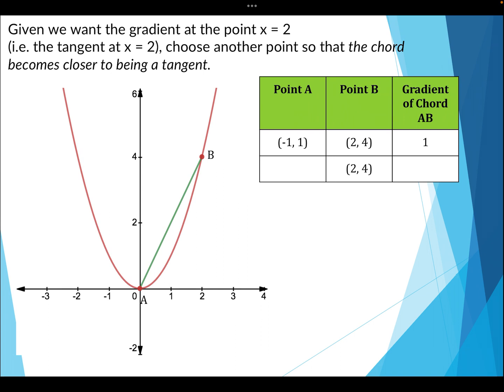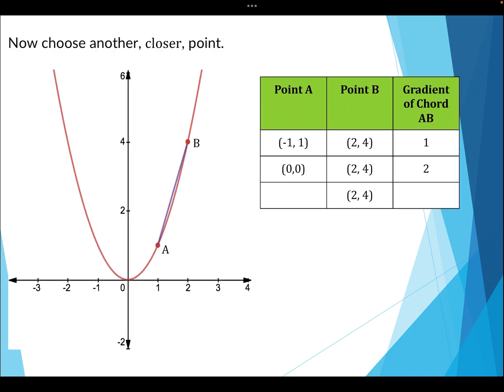This time, let's move A from minus 1 down to 0. You can see that the chord is closer to the tangent now. Point A is (0, 0), and we can work out the gradient as 2. Let's keep going, moving A to 1.